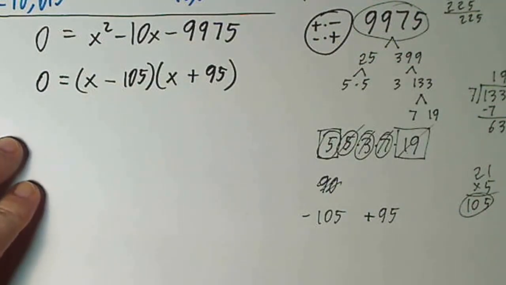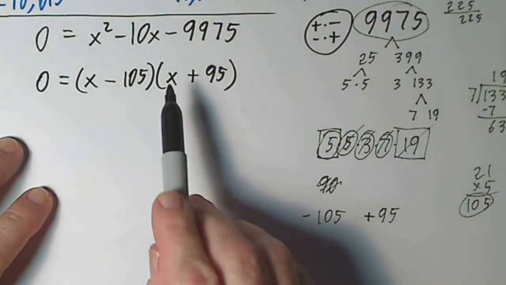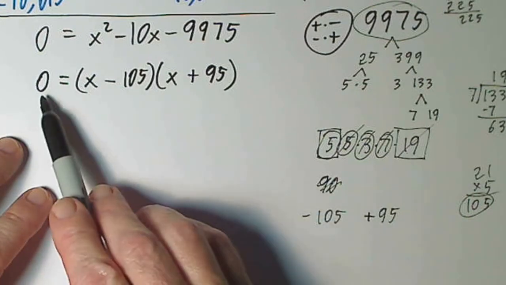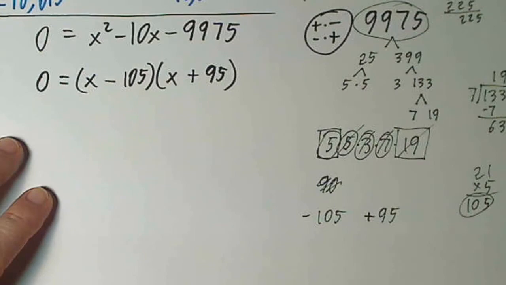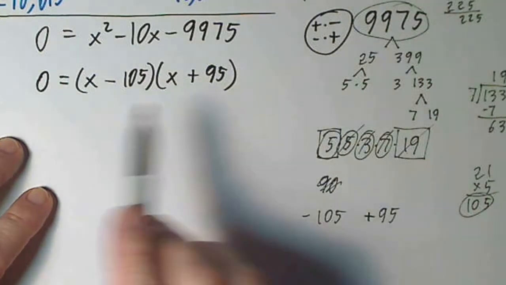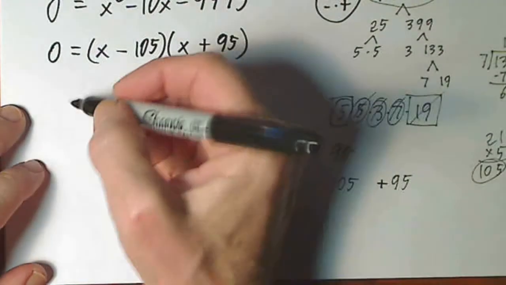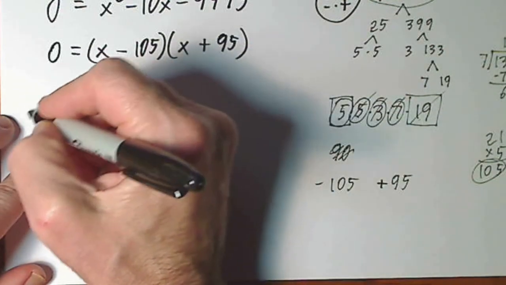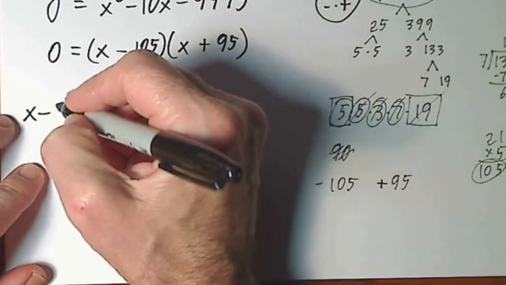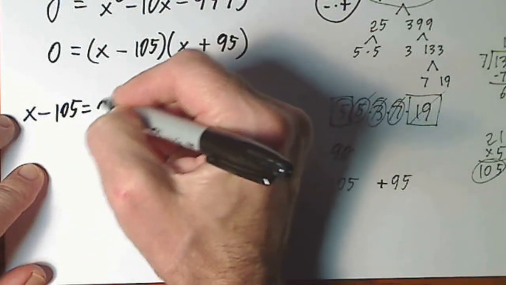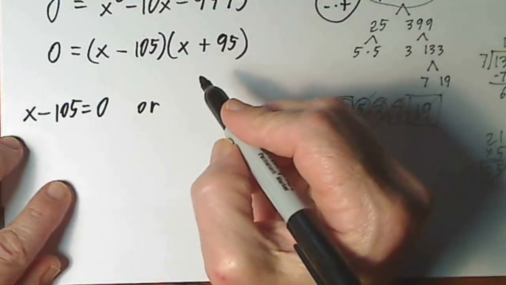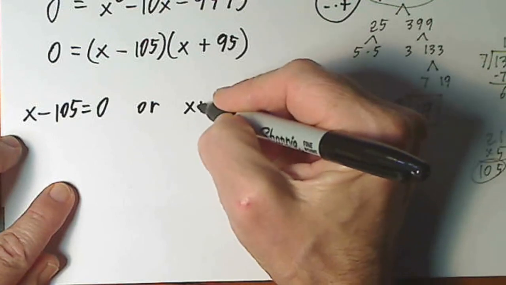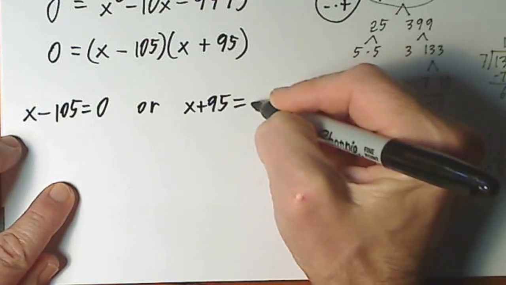Now we use our zero factor property. If you have something times something equals 0, then one of these two sets of parentheses must be equivalent to 0. Maybe both of them are. So we break them up: x minus 105 equals 0, or x plus 95 equals 0.